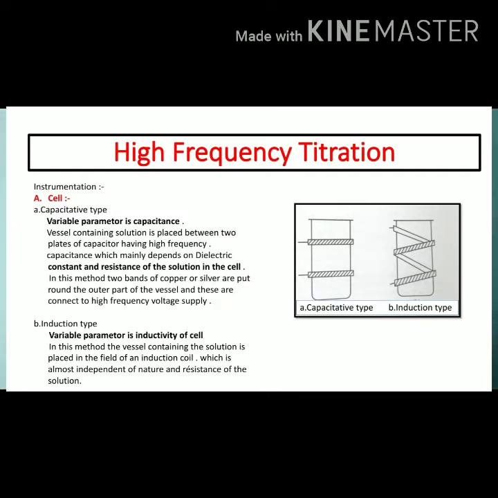The capacitive type cell depends on the capacitance of the solution inside, when high frequency is provided to the cell. Second is the inductive type. In the inductive type, the vessel containing the solution is placed in the field of an induction coil.